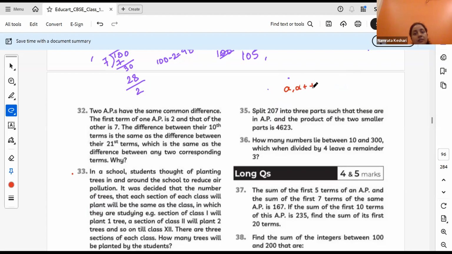Let's check whether this way works or not, because we don't always have to think of special three consecutive terms. If this way is not working, then we will think about something extra, right? So we are splitting 207 into these three terms, and all added together making an AP, I mean making 207, right?